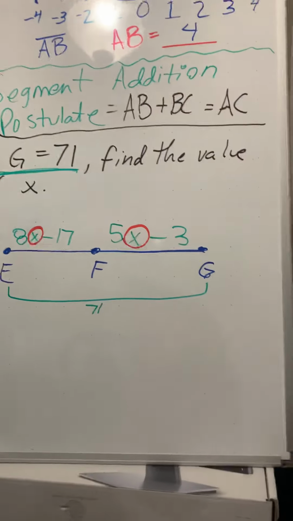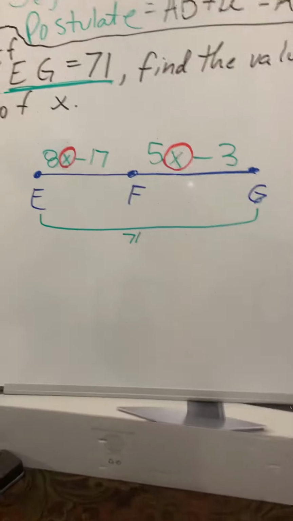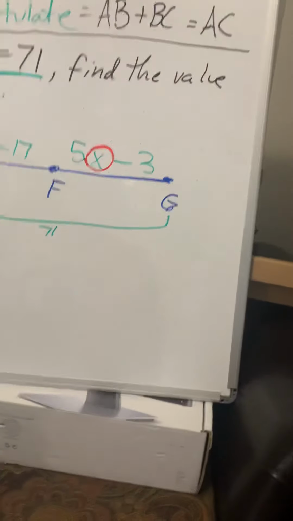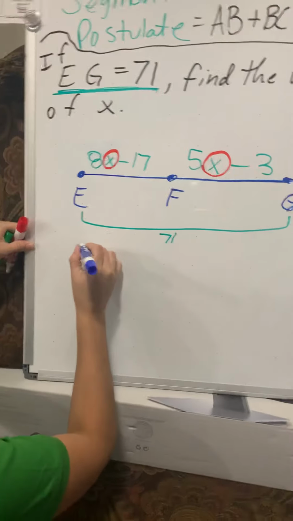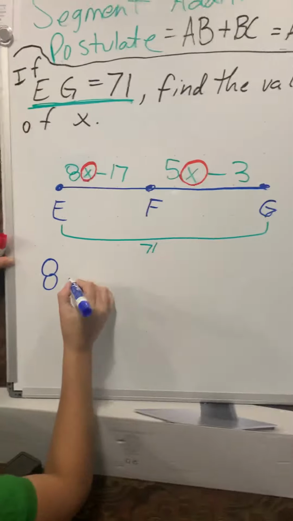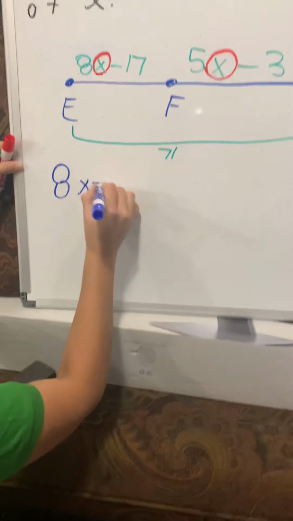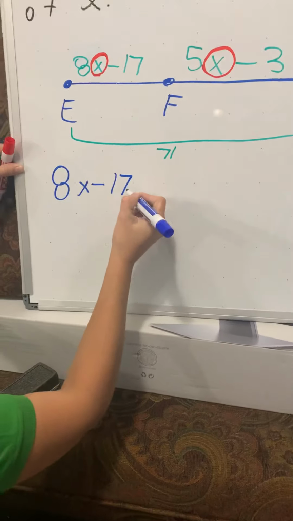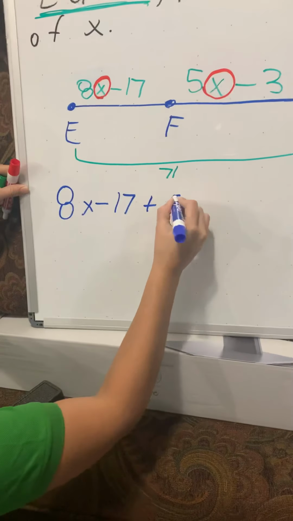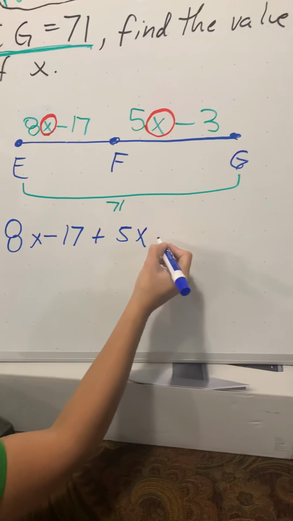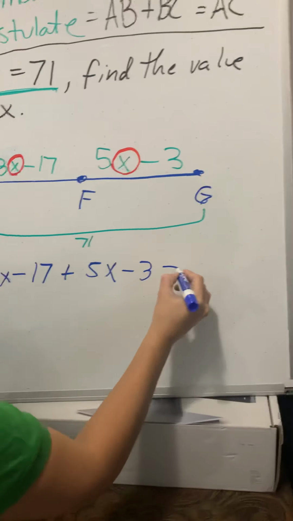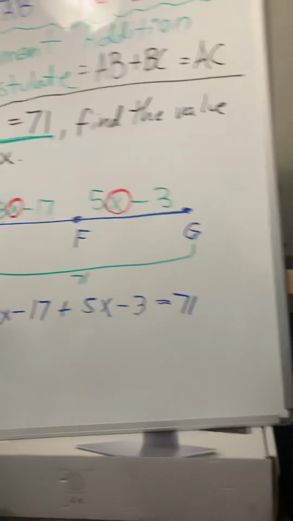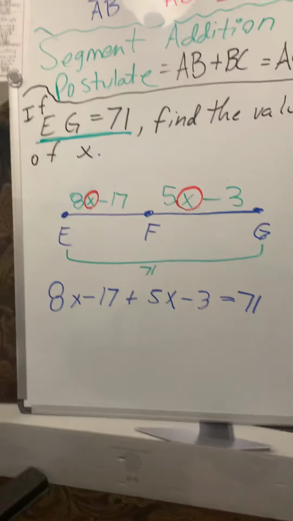So let me go ahead and start writing it out, start breaking it down. So we're gonna go ahead and write what we do know. So we have 8X minus 17 plus 5X minus 3 equals 71. Okay?